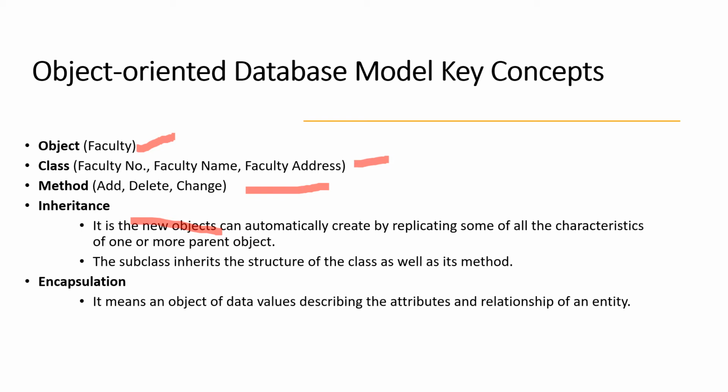One of the main principles of object-oriented programming is inheritance. So a hierarchy of classes that share a collection of attributes and methods. And it is the process where you can derive a class from another class.